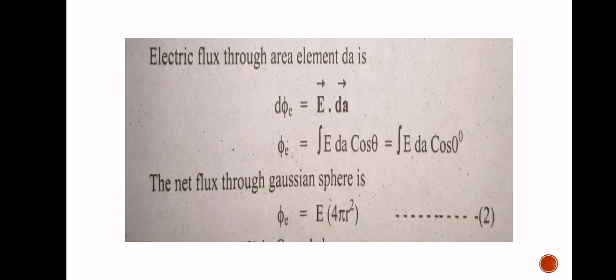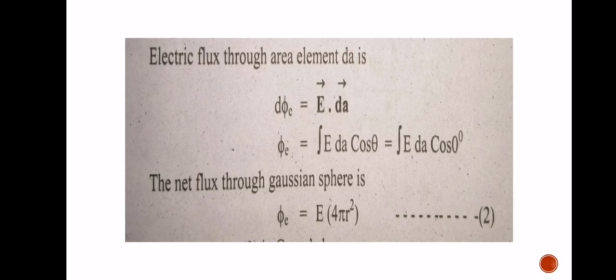So the flux through the area element dA is d phi is equal to the dot product of electric field intensity and area element, that is equal to integral E dA cos of theta. As they are in the same direction, the angle is 0 degree, so you can write integral E dA cos of 0 degree.